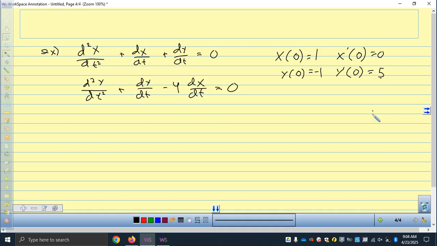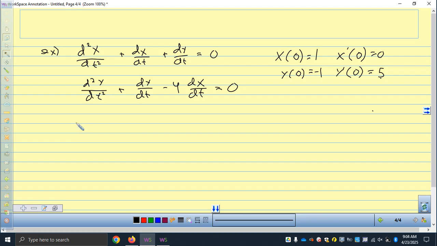So just like before, we're going to apply the Laplace transform to each equation. We get an algebraic equation that then we need to solve for our transforms, and we apply the inverse transform. So transform each equation.